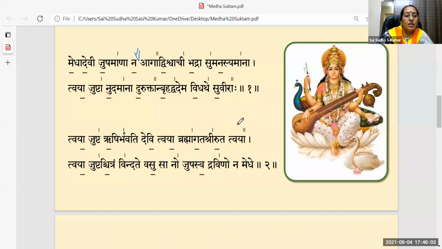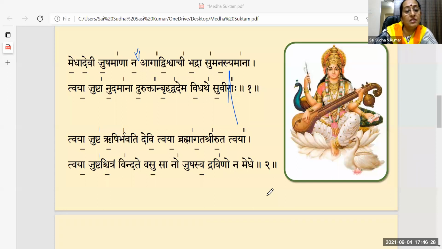Then next line, Tvaya, sorry, Tvaya Jushta Nudamana Duruktan, sorry, Tvaya Jushta Rishir Bhavati, Tvaya Jushta Rishir Bhavati.